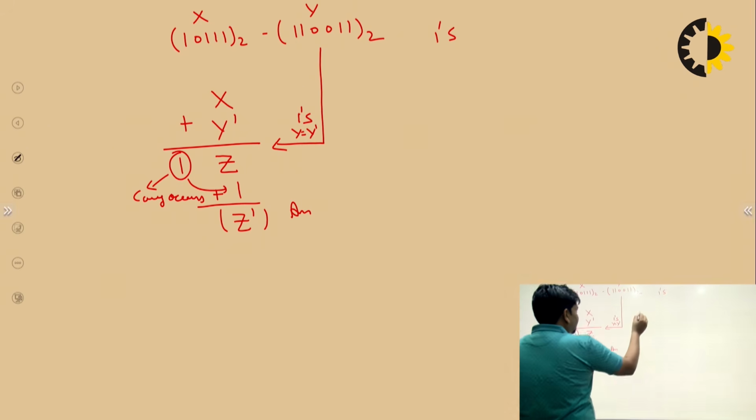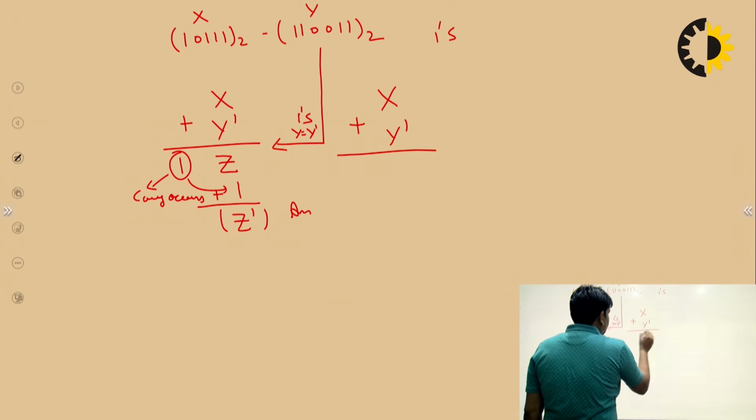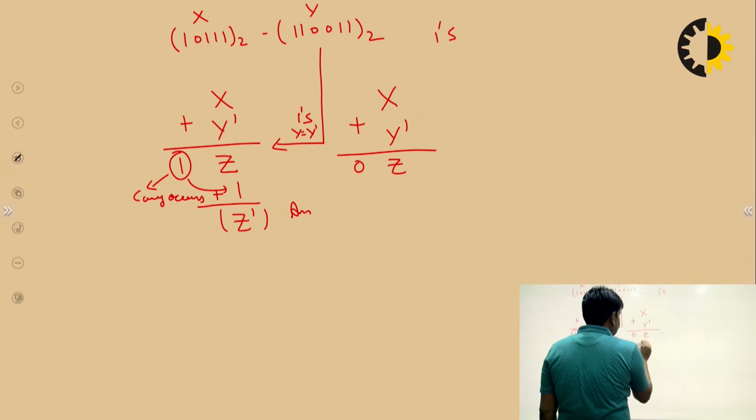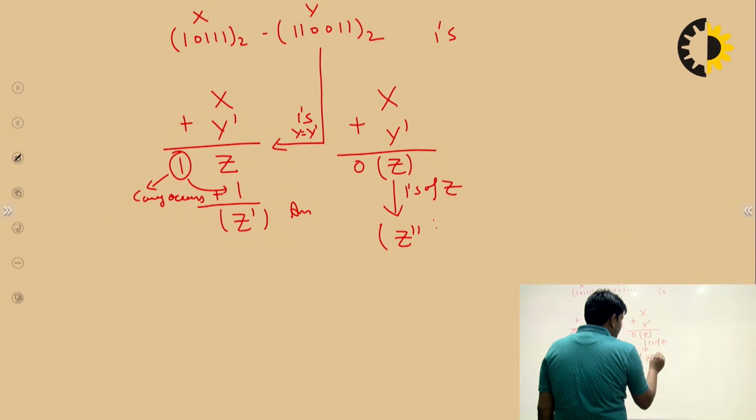If we add x and y dash and no carry occurs, that means the value of z is with no carry in the last term. Then we proceed with the 1s complement of z. So what is the 1s complement of z? We put this as z double dash, and a minus sign is to be put.